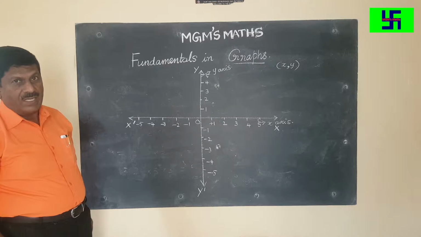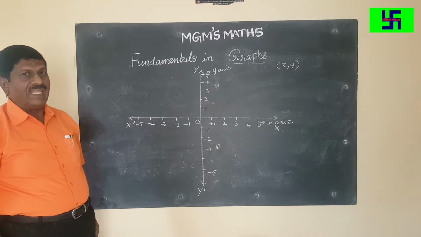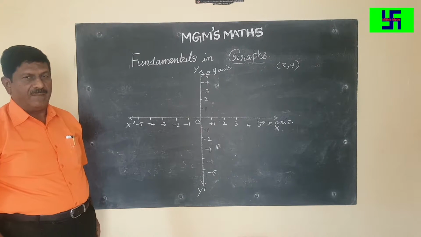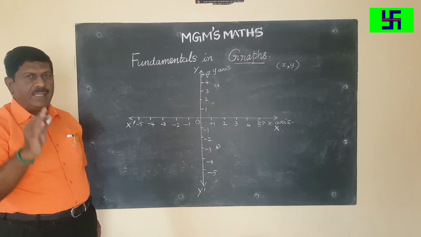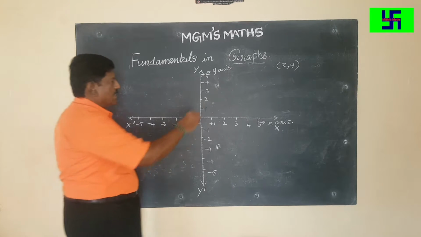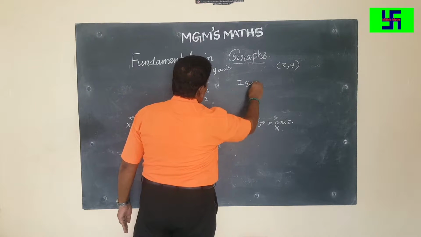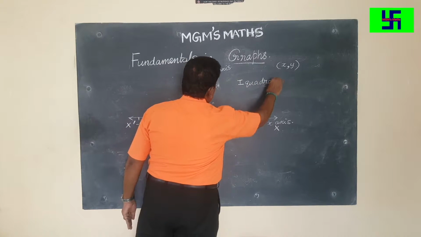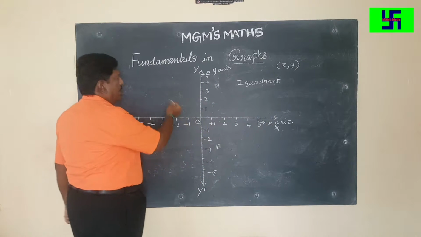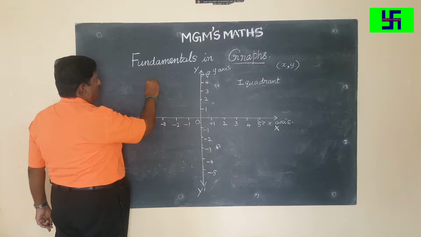The graph is divided into 4 quadrants. The 4 quadrants we cannot take as we like and we cannot number them as we like. It is an internationally accepted way. This quadrant is the first quadrant and this is the second quadrant.